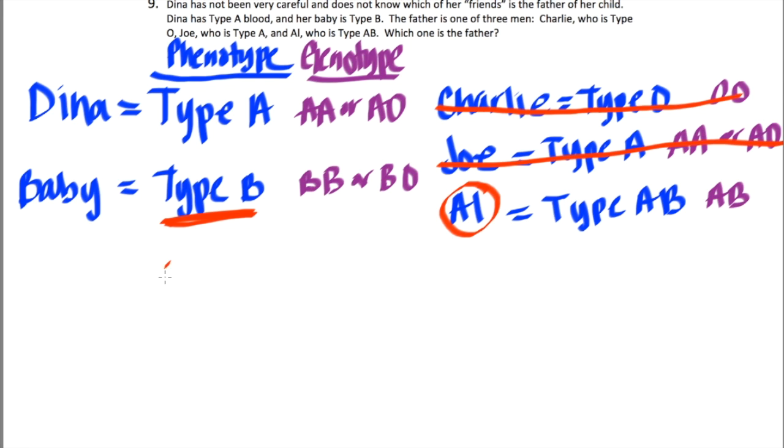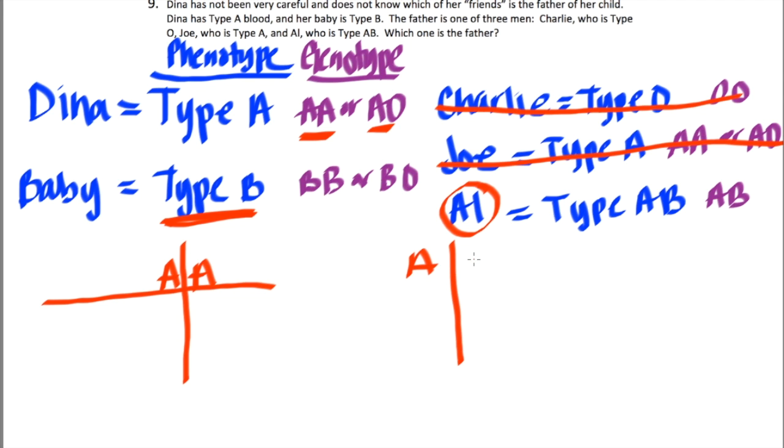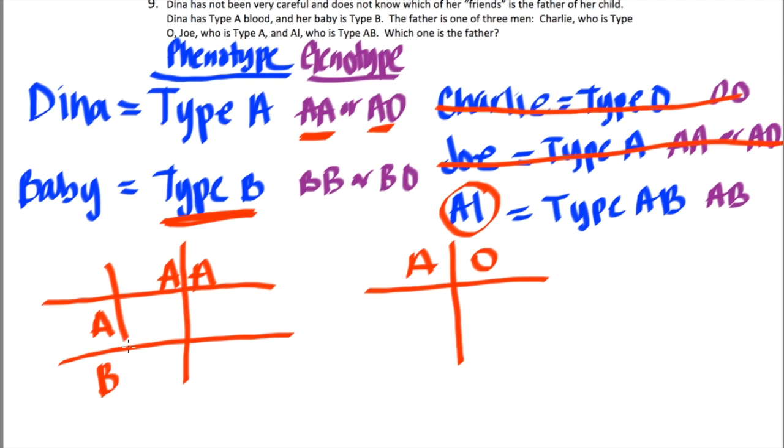So what I would do is set up 2 crosses. Let's do her, we don't know her genotype. She's either this one or this one, so we're going to set up 2. It doesn't ask you to determine her genotype here, but I think it's a good idea to justify your answer. So here, if we were to do this, this test cross does not produce a B child, all right?